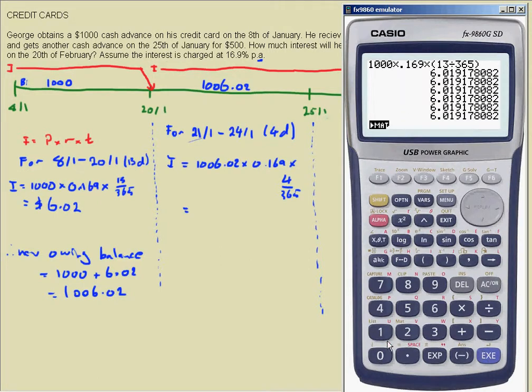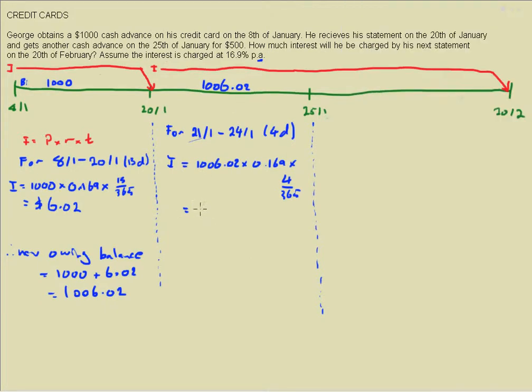Now calculator, let's have a look at that. $1,006.02 times our rate, which is 0.169, times 4 divided by 365 is $1.86, rounded to the nearest cent, $1.86.